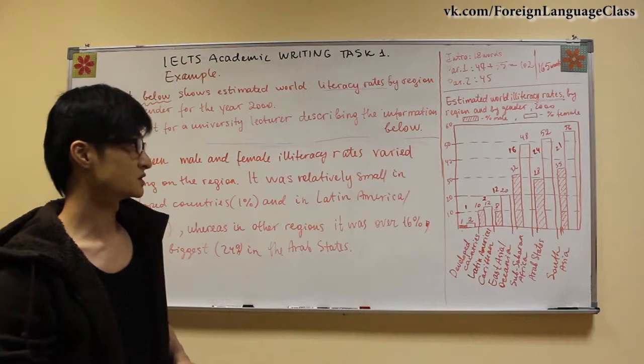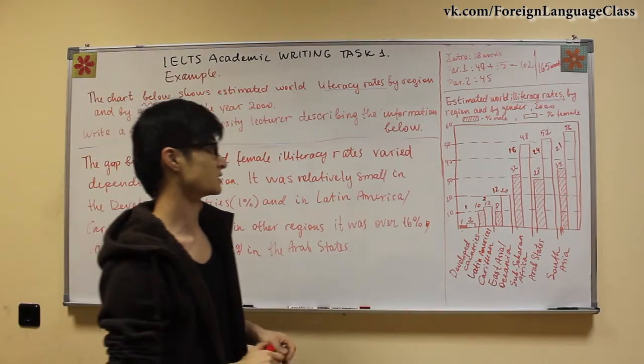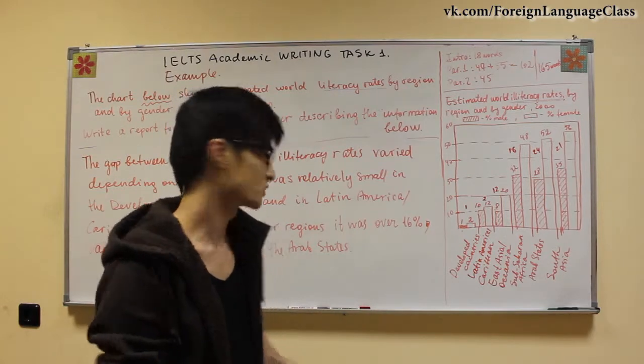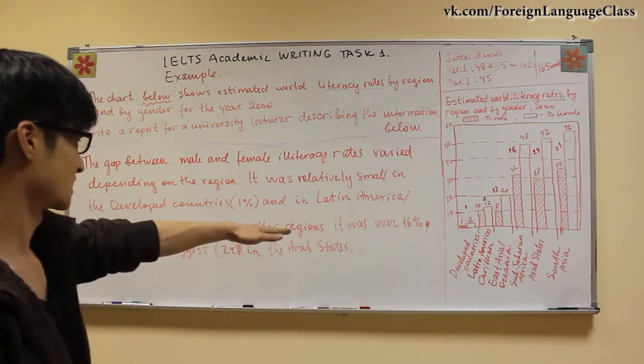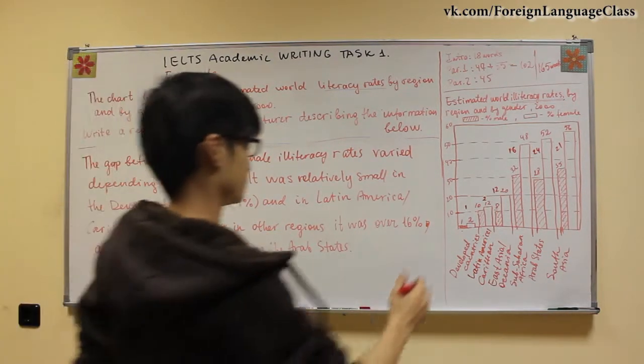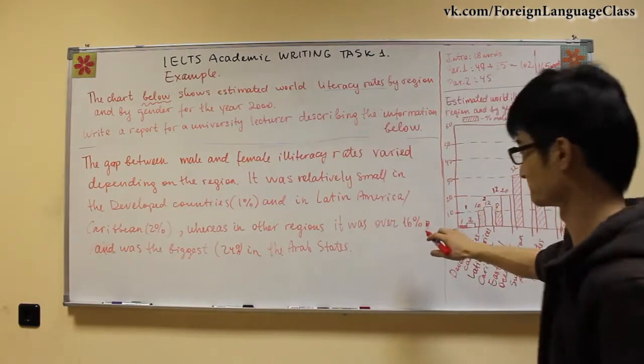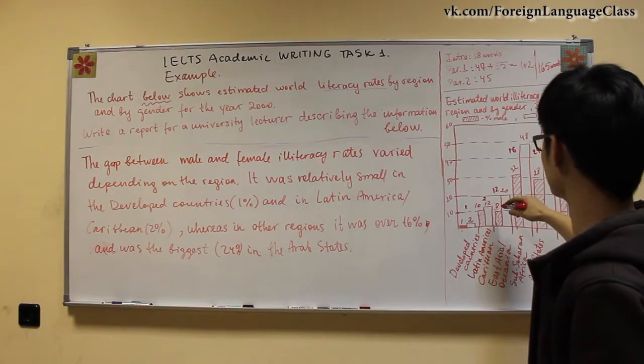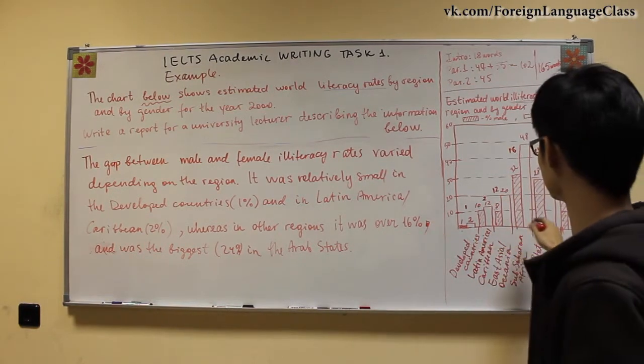Although we should aim at 170, 180, 165 is pretty much enough. We can actually add, for example, we can describe all 4 regions. We can give information on the gap between female and male illiteracy in 4 regions.